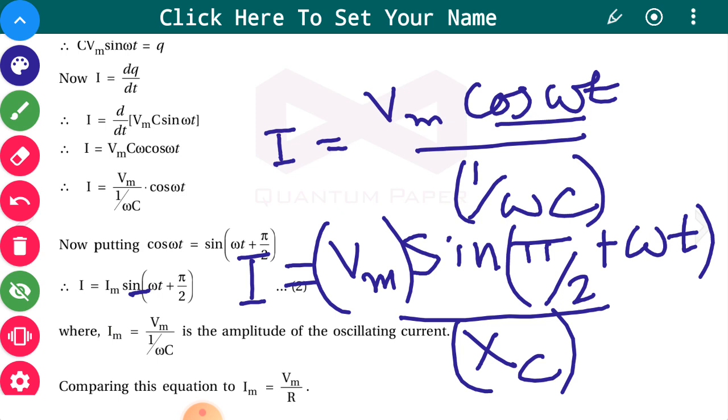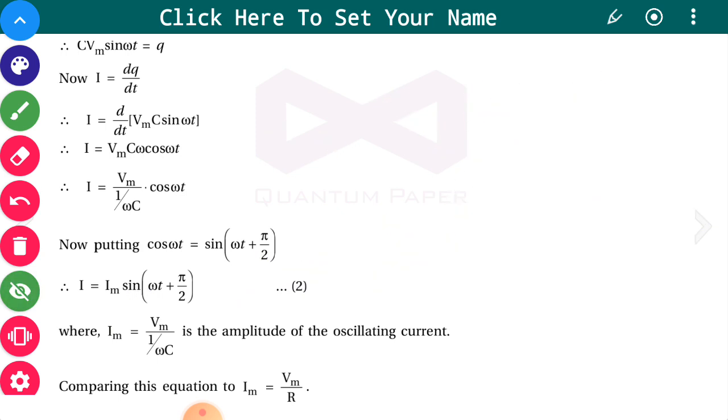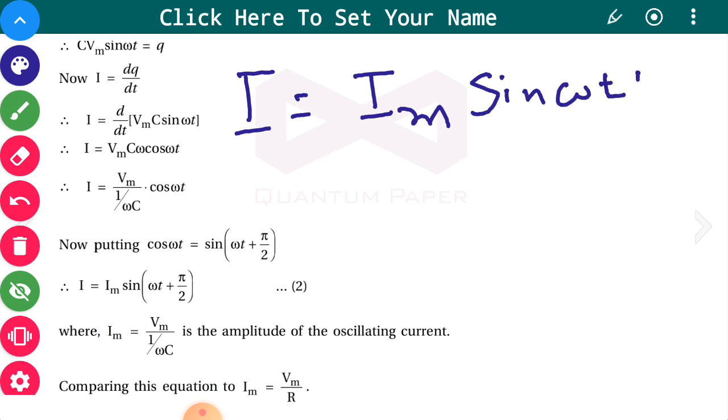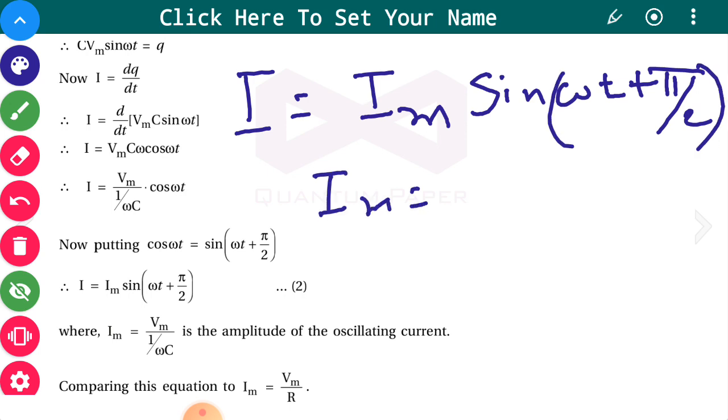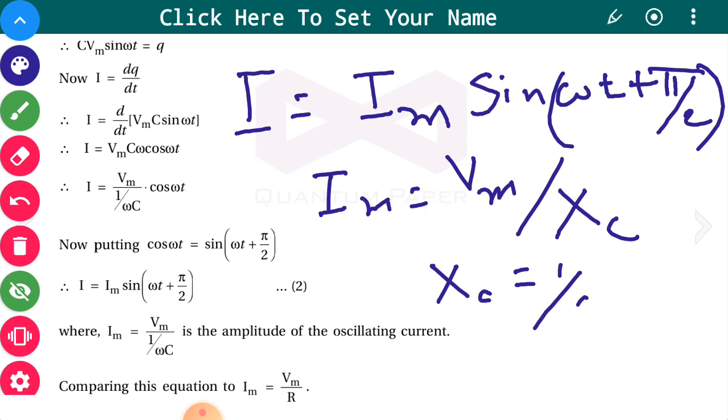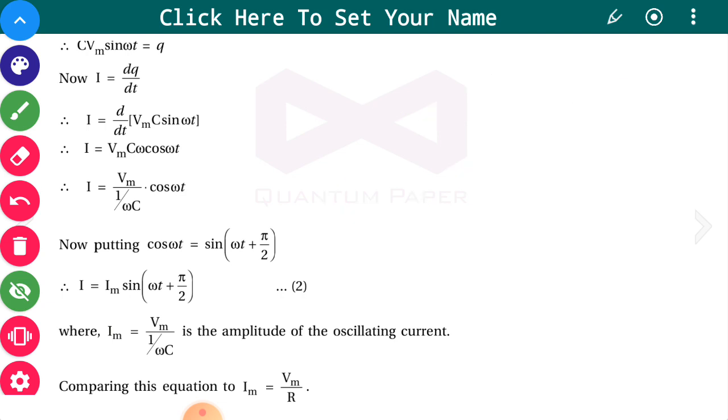So we can write this equation as I is equal to Im sin omega t plus pi by 2, where Im is nothing but Vm upon Xc, and Xc, as you know, is 1 upon omega C, which is called the capacitive reactance.